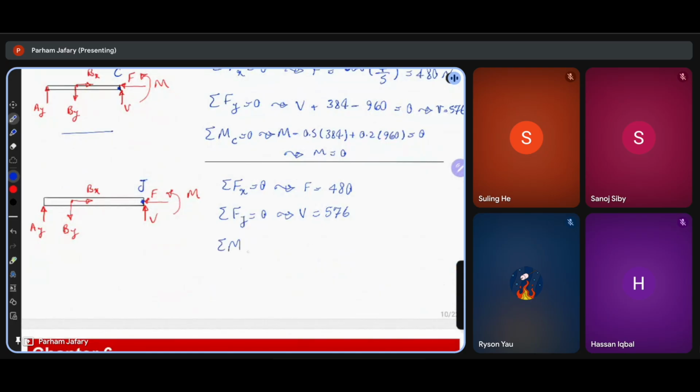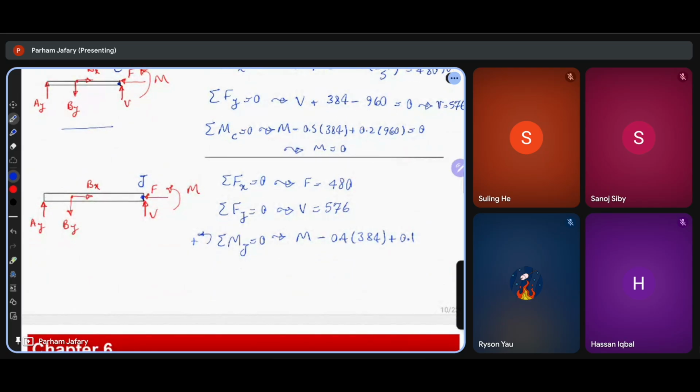If I take the moment around J and equate it to 0, I will have M minus 0.4 times 384 plus 0.1 times 960 equal to 0.